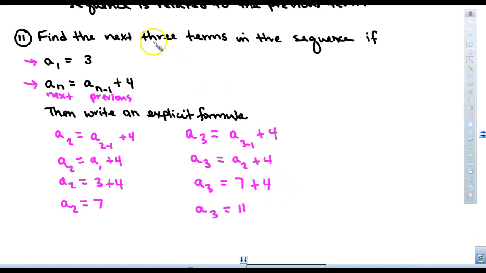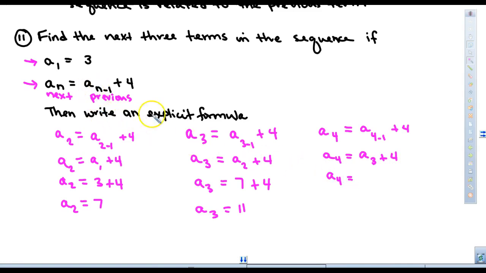Okay? So to find the next 3 terms, let's find one more. A sub 4. So that means in the place of n right here, I'm going to put 4. In the place of n here, I also put 4. So that gives me a sub 4 is equal to a sub 3 plus 4.